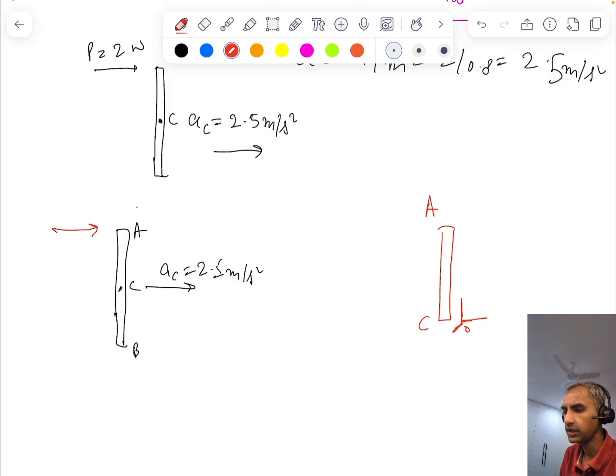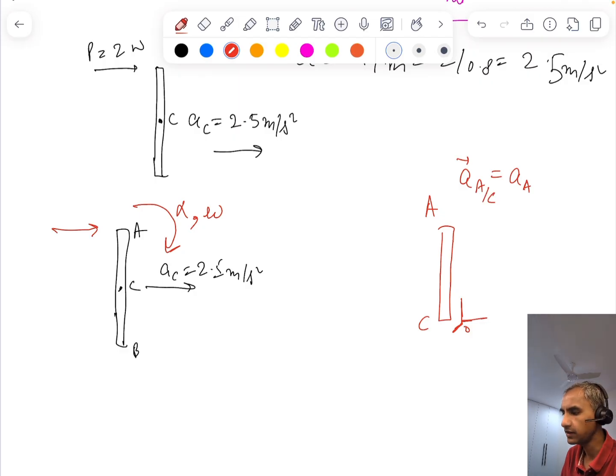And if the body has an angular acceleration of alpha, and an angular velocity of omega, then we can say that acceleration of A is, of course, there are two parts to it, right? There's centripetal acceleration, there's tangential acceleration. This is of course in the reference frame of C itself.